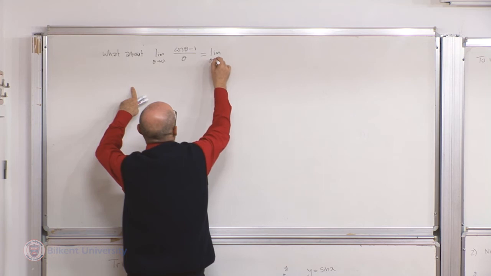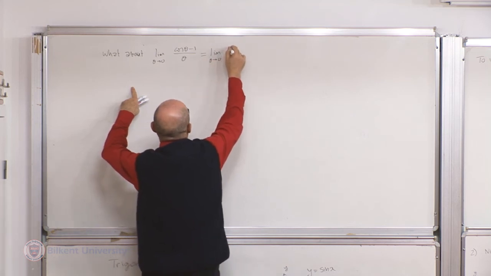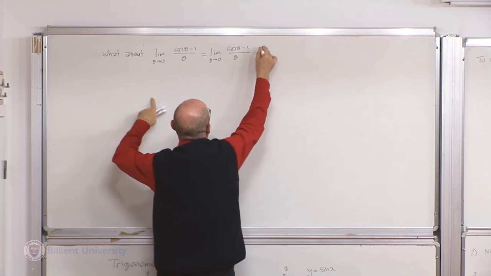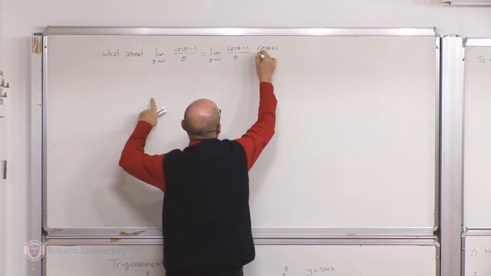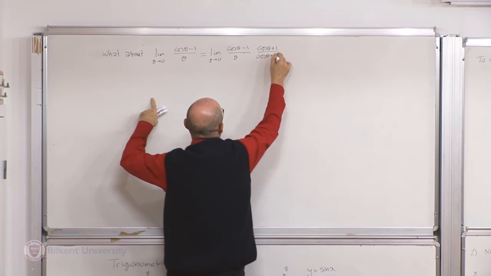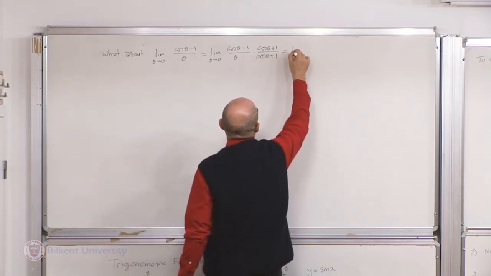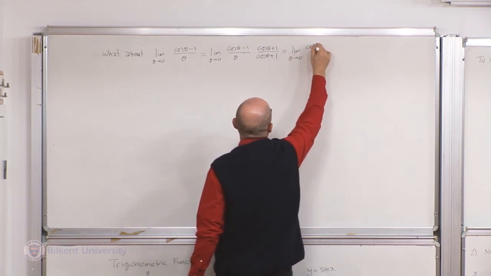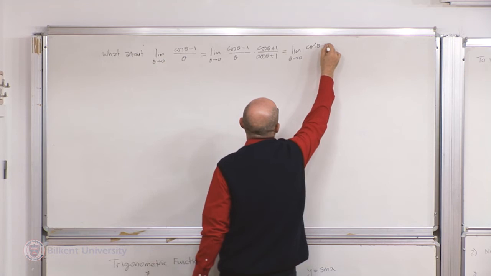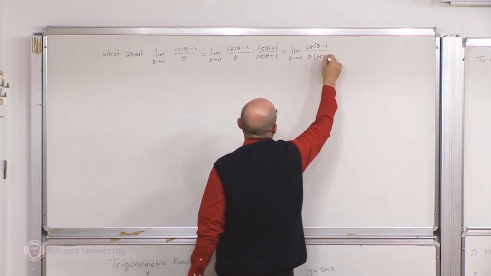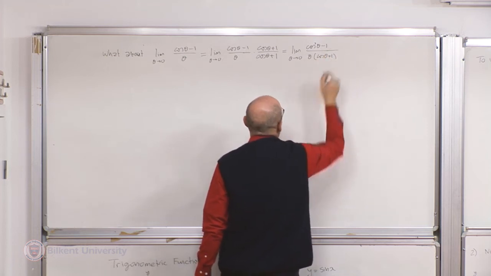Limit as theta goes to 0 of cosine theta minus 1 over theta times cosine theta plus 1 over cosine theta plus 1. So this is the limit as theta goes to 0 of cosine squared theta minus 1 over theta times cosine theta plus 1.